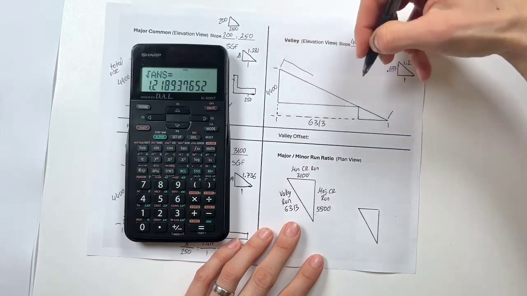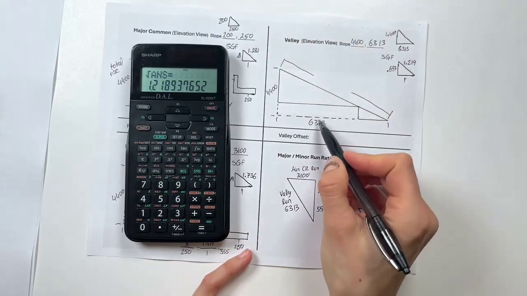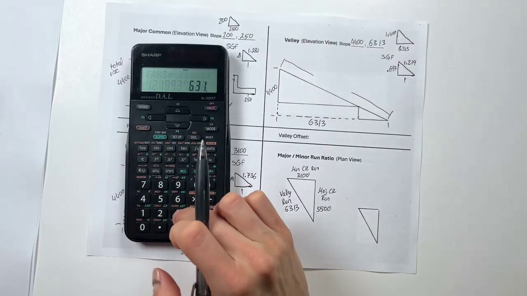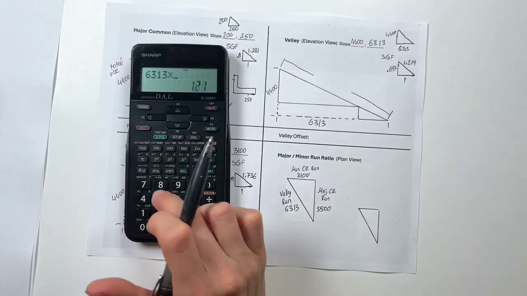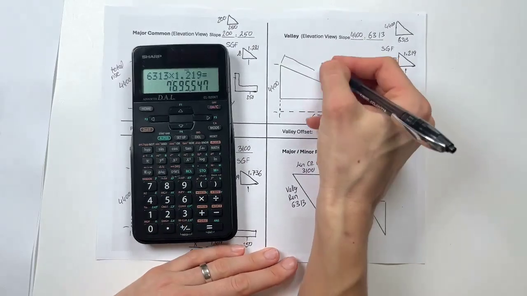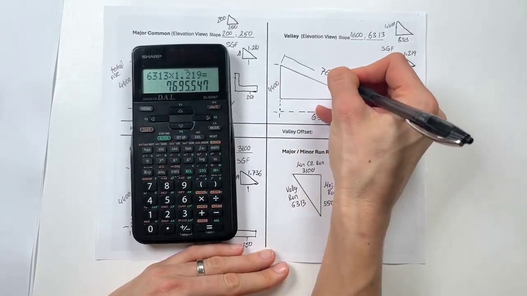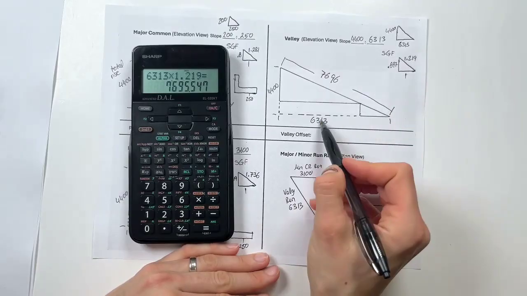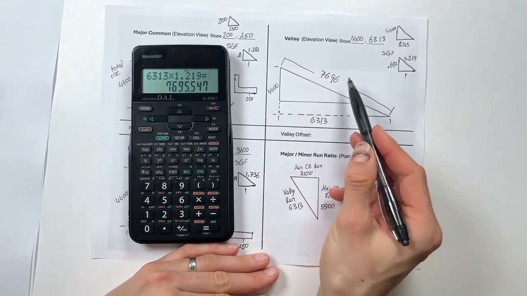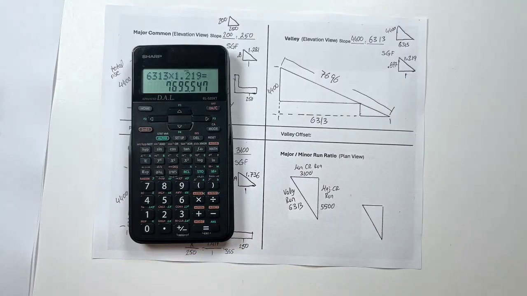We can find out our total line length, right? Total run, 6,313 times our slope gain factor, 1.219. 7,696. If you forget the slope gain factor, write Pythagorean: a squared plus b squared equals c squared. Excellent.